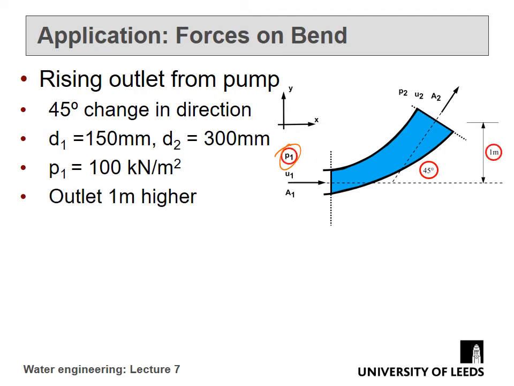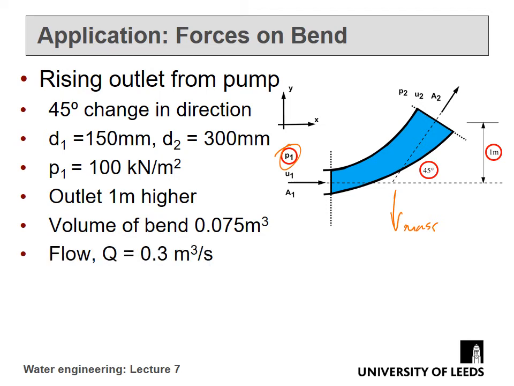The outlet is 1 meter higher. The volume of the bend is 0.075. Now the volume will enable us to work out a mass of fluid, the weight of fluid acting downwards. Okay, we've got a mass of fluid acting downwards due to gravity trying to pull this fluid down.